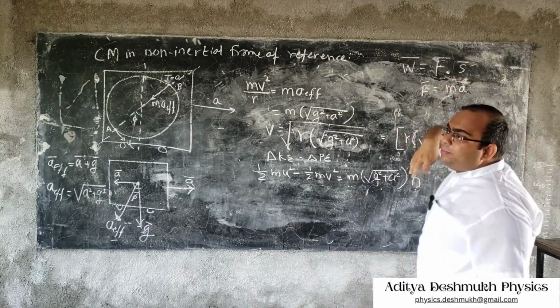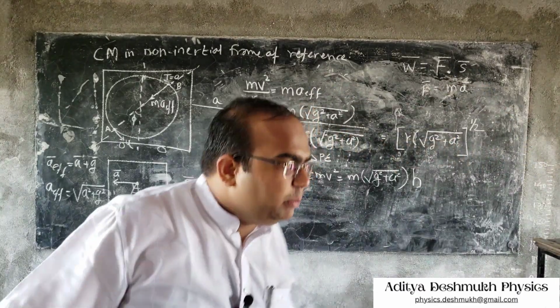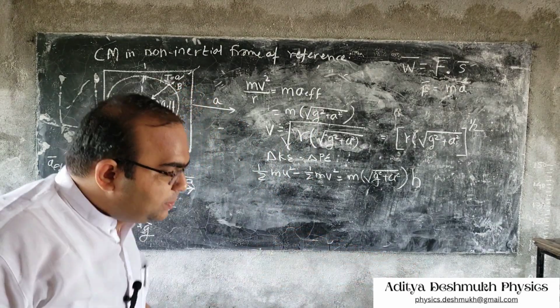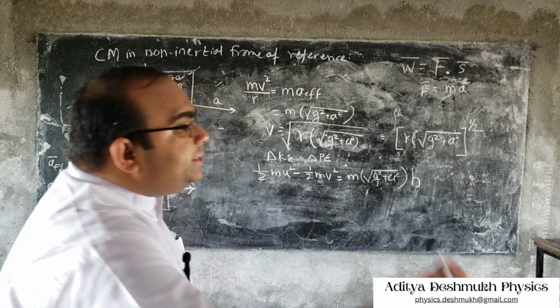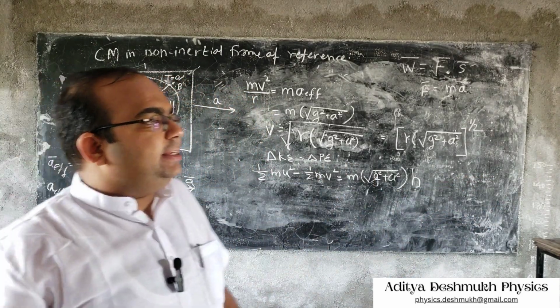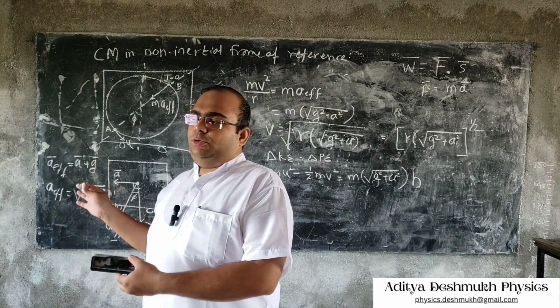So if velocity is increasing, then acceleration will be along the motion. That means displacement and acceleration will be in the same direction. If velocity is decreasing, then acceleration will be opposite to the motion.